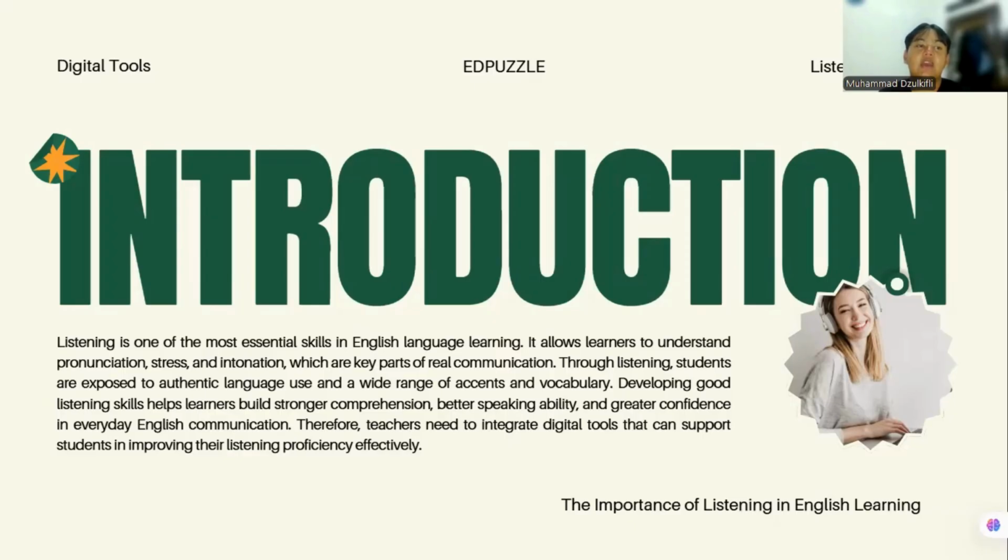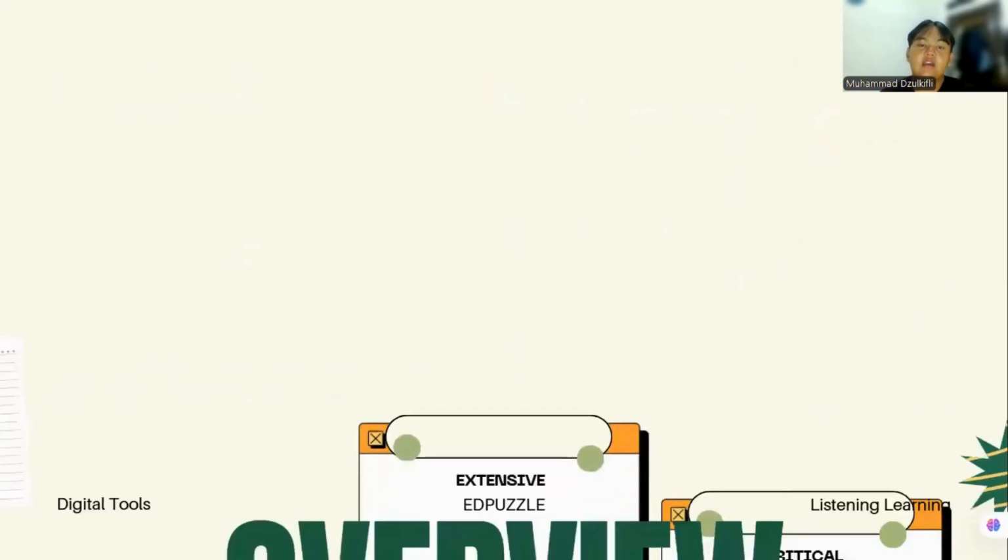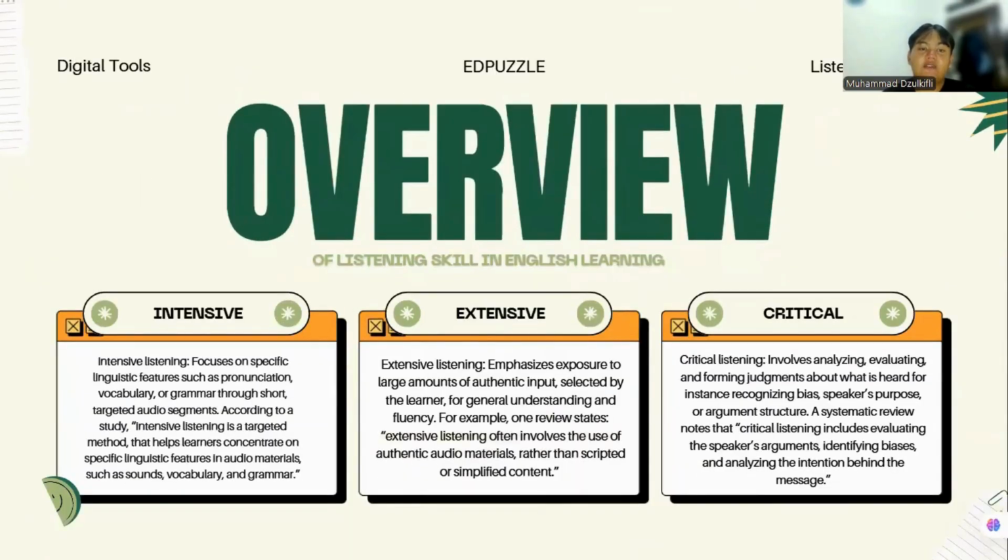Also, we need to really use our skill in listening. So it is important to have several alternatives or a good way to develop listening learning. This is also my overview of listening skill in English learning.